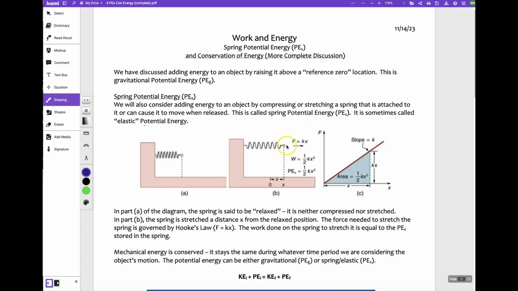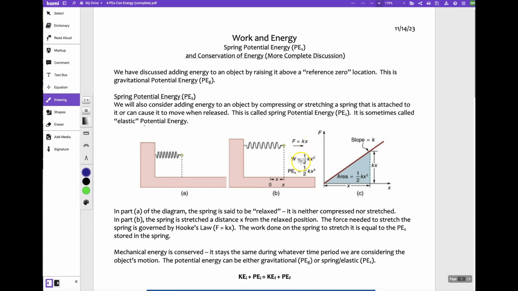And if you remember from springs, the force of a spring is equal to the spring constant, that's that k value that tells you how strong the spring is, times how far you stretch it. And because work is equal to force times distance, we can say that's kx times x, which would be kx squared.